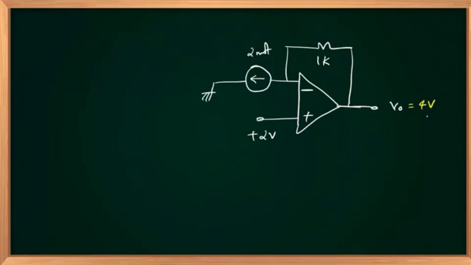And I have written V out equal to 4. Let us verify that. And you cannot apply your formula. You have to logically solve this. 1 plus R2 by R1. R1 is not available. Instead of R1, you have current source.